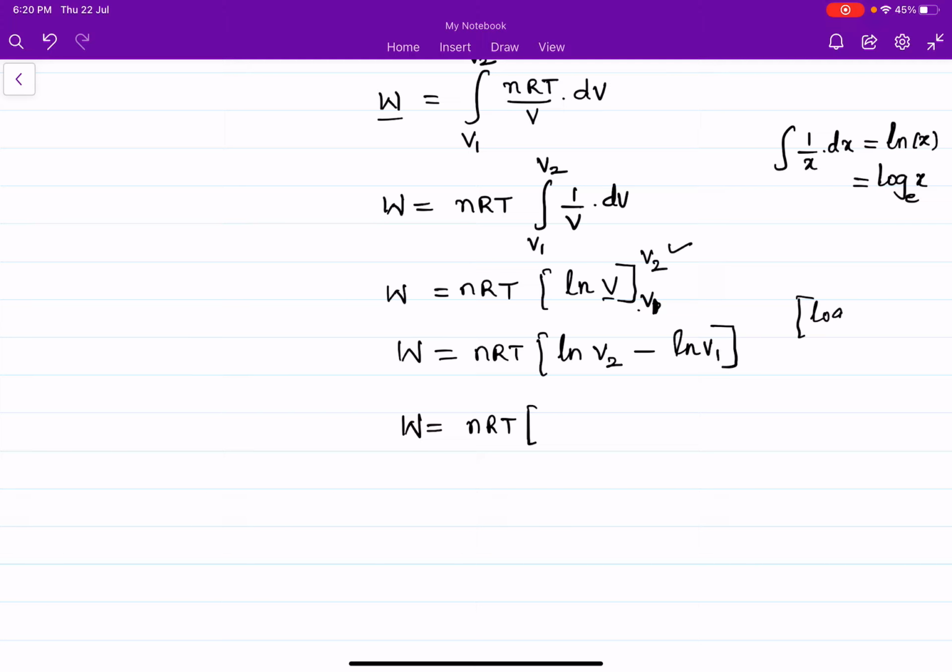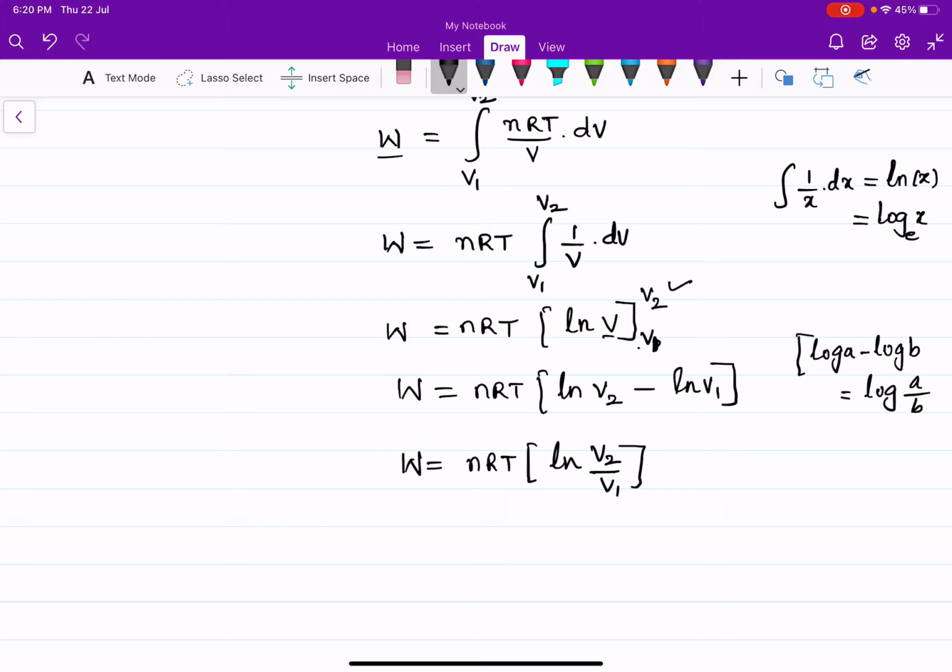We know that log A minus log B is log A by B, a formula we have learnt in mathematics. So log V2 minus log V1 is log V2 by V1. This is the work done expression in case of an isothermal process.